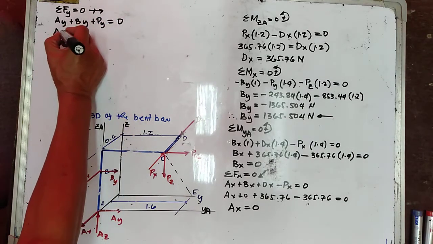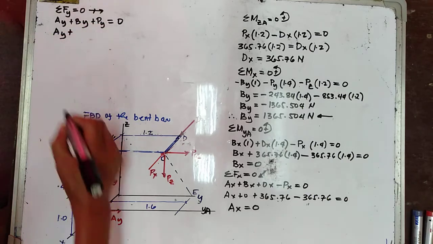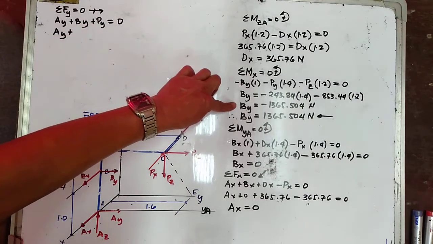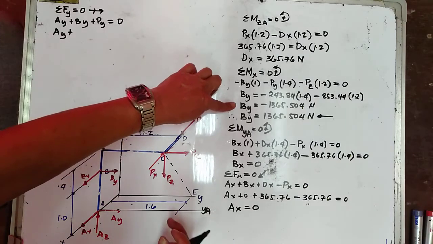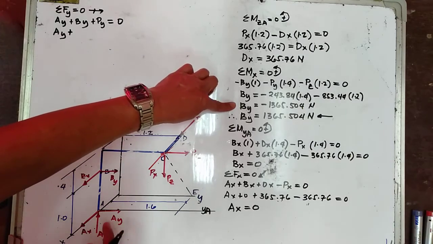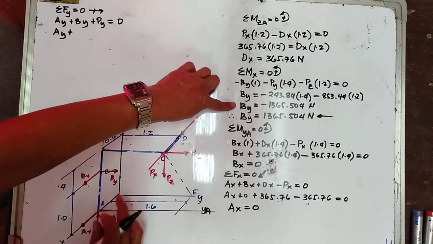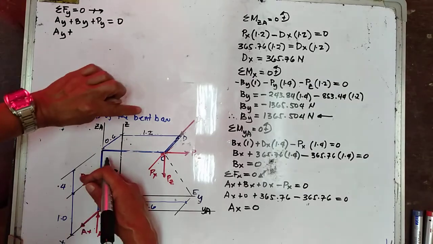So your ay plus the value of by is negative 1365.504, because I did not change the assumed direction of by, which is supposed to be going to the left.